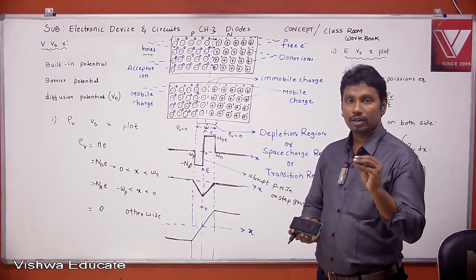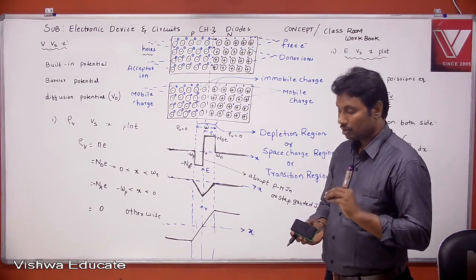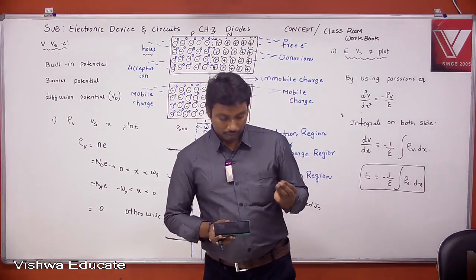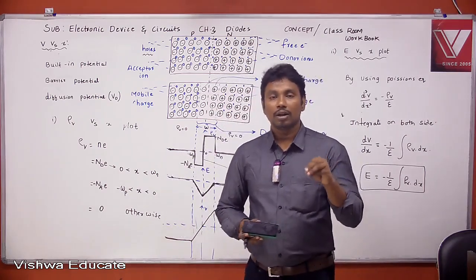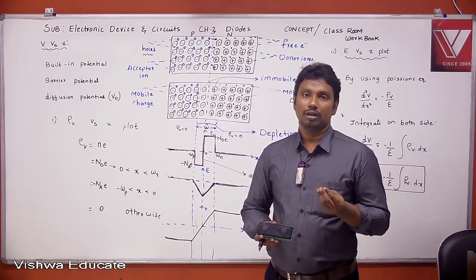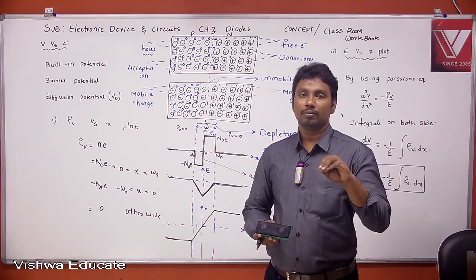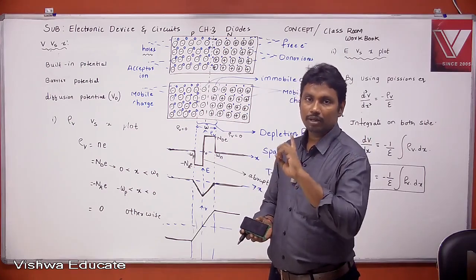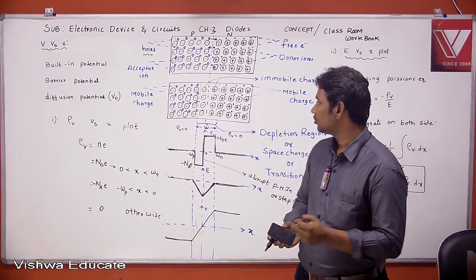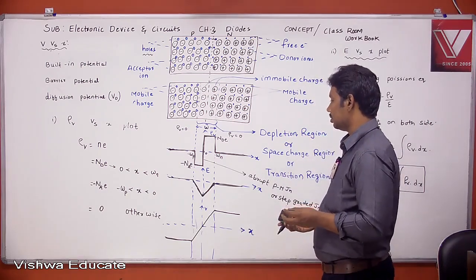This potential is called built-in potential or barrier potential or diffusion potential. Underline built-in potential, barrier potential, diffusion potential, in bracket V naught.